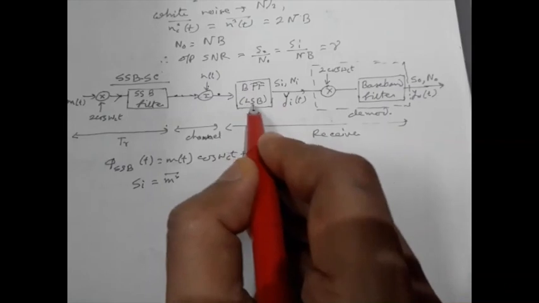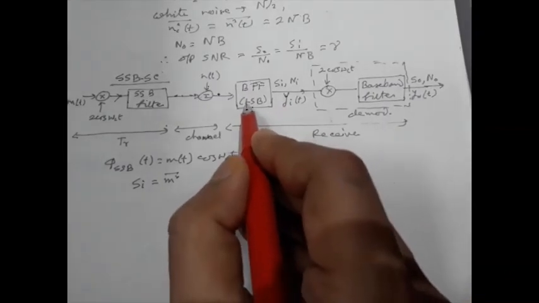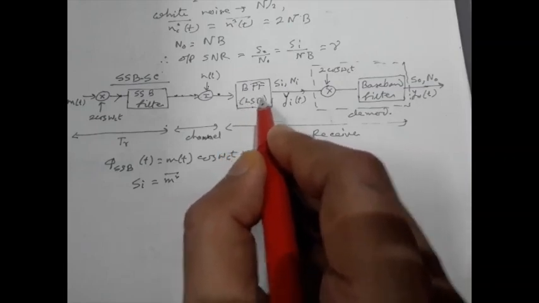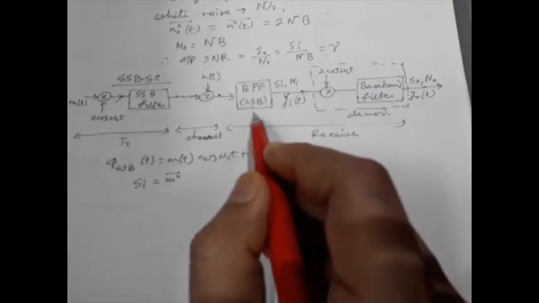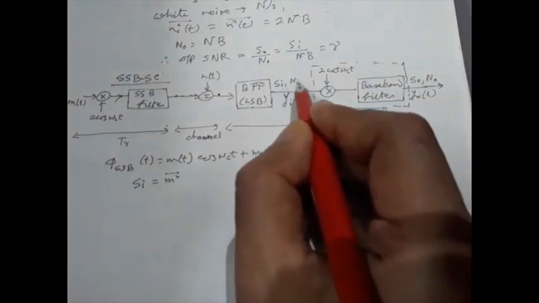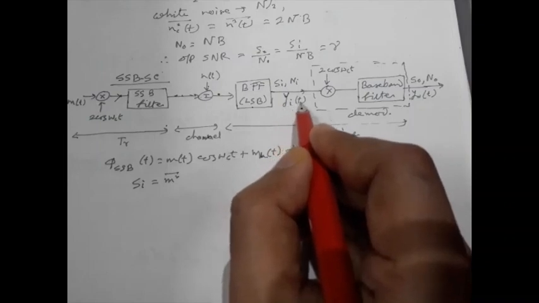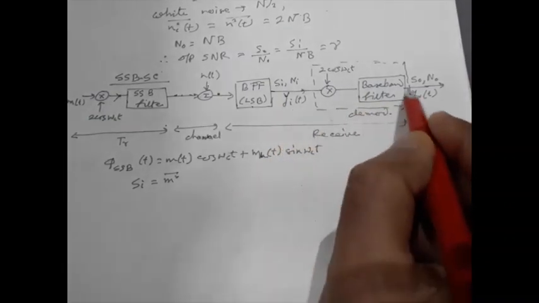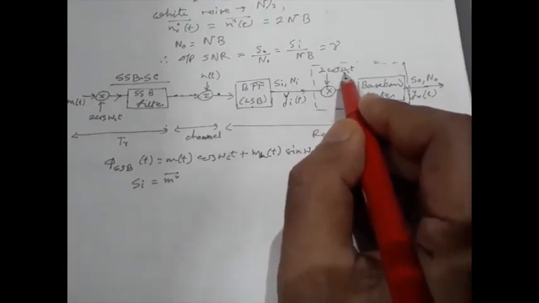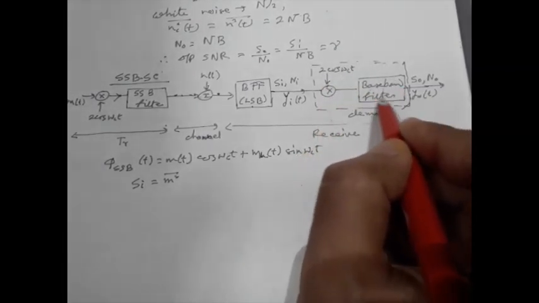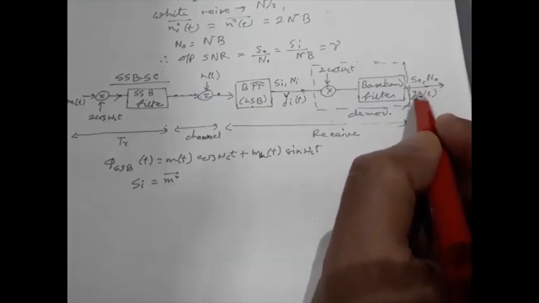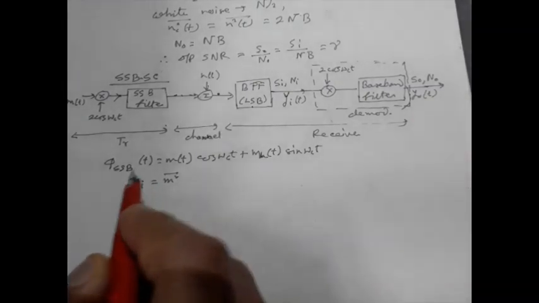Now we have a bandpass filter, and we are assuming that for this SSB-SC, we are keeping the LSB only. The output signal and noise are S_i and N_i, and the signal is y_i(t). This section is the demodulator part, a synchronous demodulator multiplied by 2 cos ω_c t, and then we have a baseband filter, and the output is signal power and noise power, and y_o(t) is the output signal.